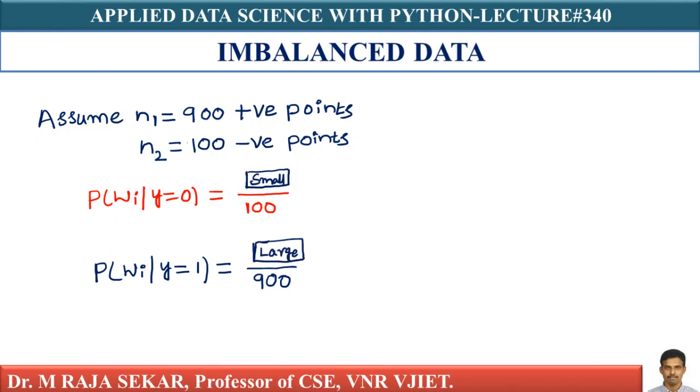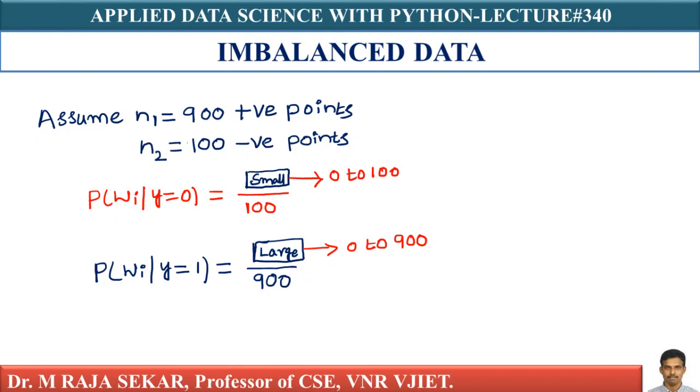In the case of negative points, as there are fewer negative points, 100 of them, I will get a small numerator, whereas for the positive class I will get a large numerator. For negative points the numerator lies between 0 and 100, whereas for positive points the numerator lies between 0 and 900. Here there are more possibilities.